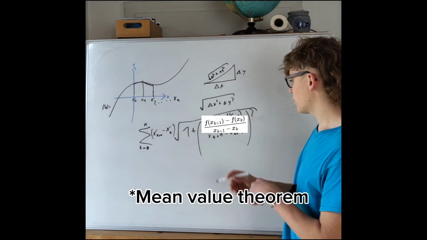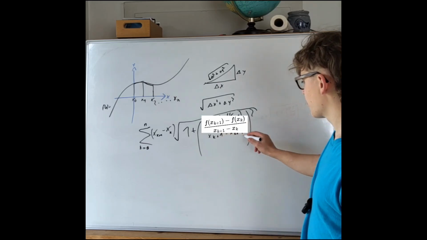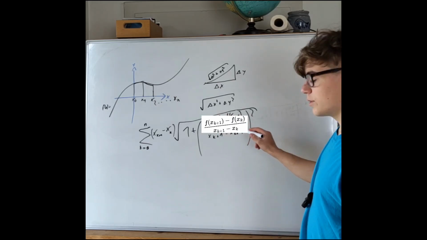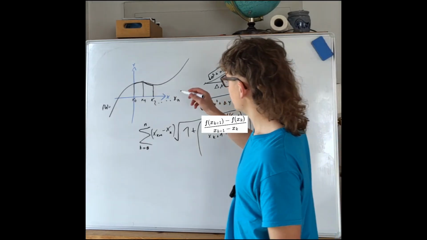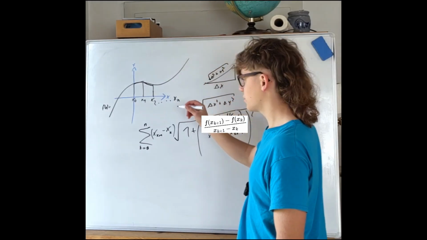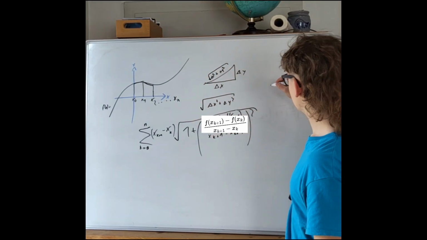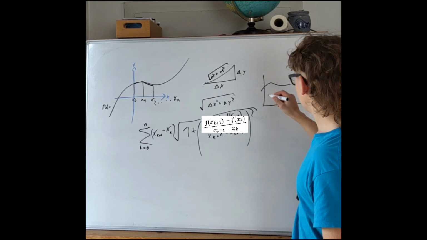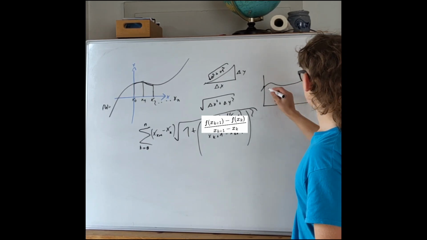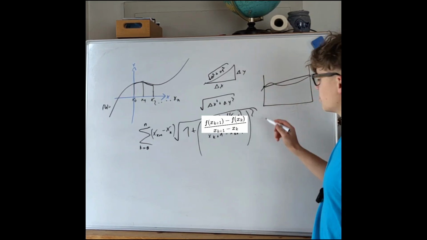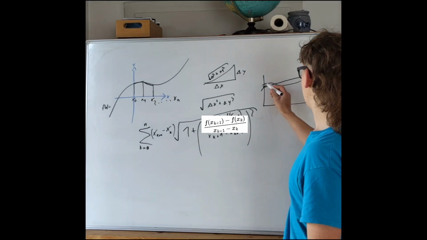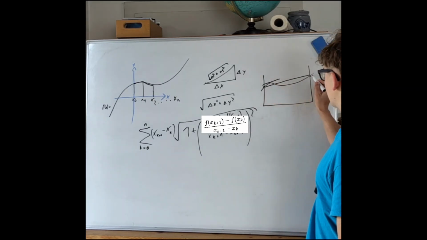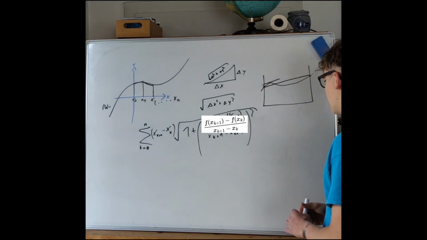But right now what's important is this part here. And this is exactly what the equal slopes theorem says. That just means if we have an interval and a line connecting this point and this point, there has to be at least one point which has the same slope as the average slope, right?